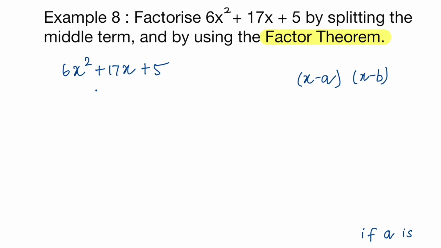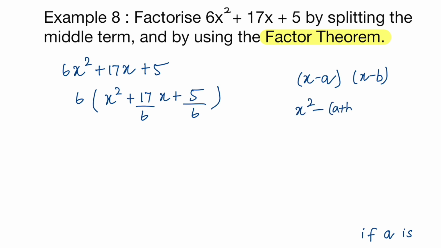Now for you to apply those things, we first have to take this 6 as a common factor, and that leaves you with x squared plus 17 by 6 x plus 5 by 6. Why are we doing this? Because we know that x squared minus (a plus b) into x plus ab, the constant term, you can find it only when the coefficient of x squared is 1.